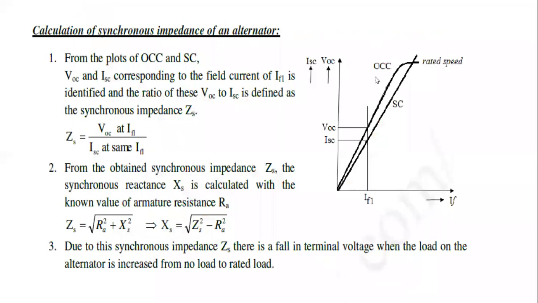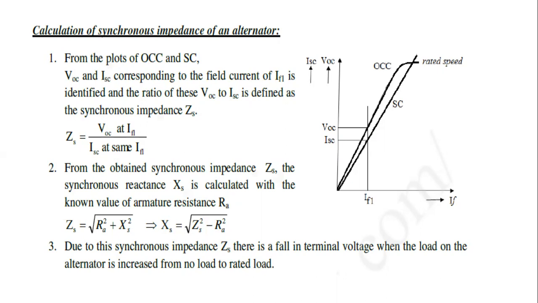This is the OC and SC characteristics from the EMF method, or the synchronous impedance method, of an alternator. How will we draw the OCC characteristics? We increase the excitation to the alternator until the voltmeter reaches the rated voltage or 125% of rated voltage.